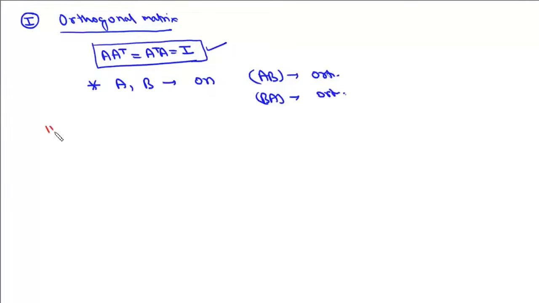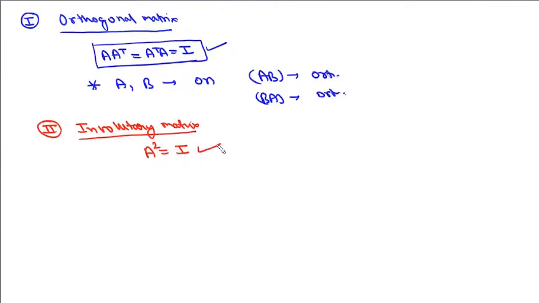Now this second type is involutory. Now if in any square matrix A, A square is equal to I, then we say this matrix is an involutory matrix.